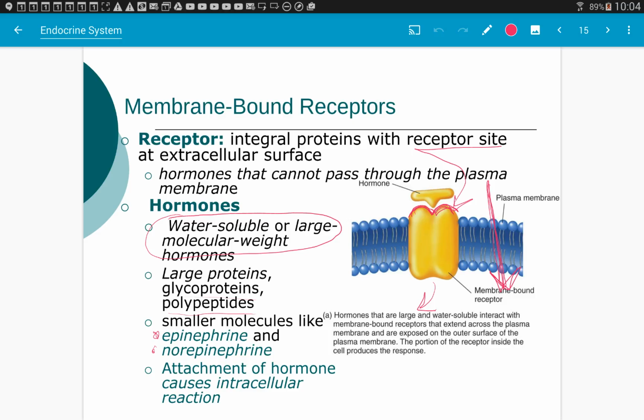So the water solubles and the ones that are too big, they rely on a receptor. Okay? So really important to remember. So they rely on a receptor because they cannot diffuse through that plasma membrane. And then after it attaches to the receptor, it then causes changes inside the cell, and so it causes what we would call an intracellular reaction. And we will go through some examples in a moment, okay?